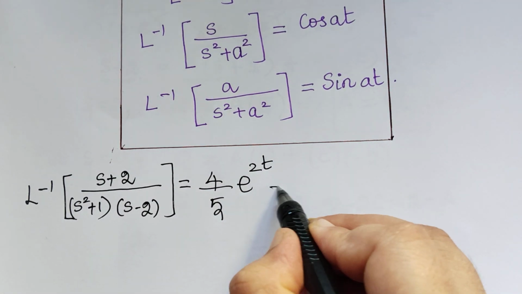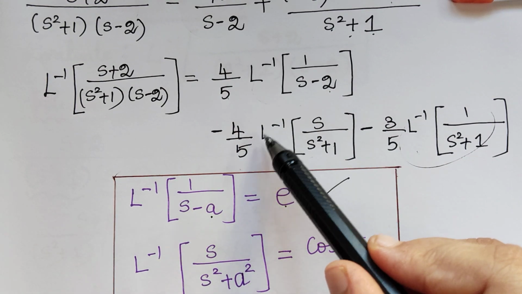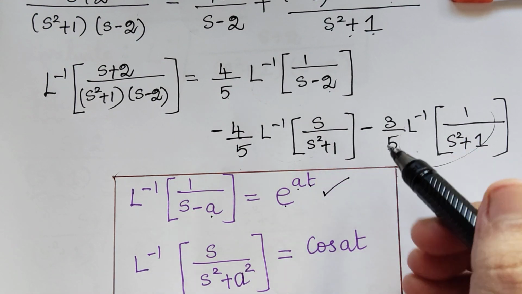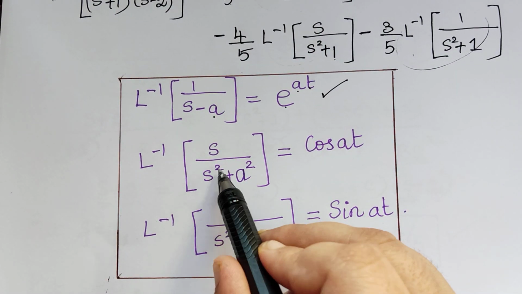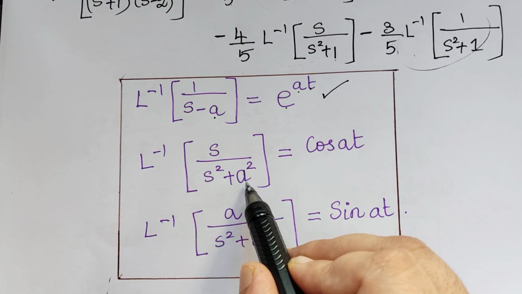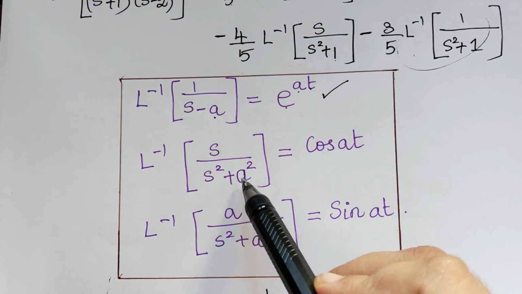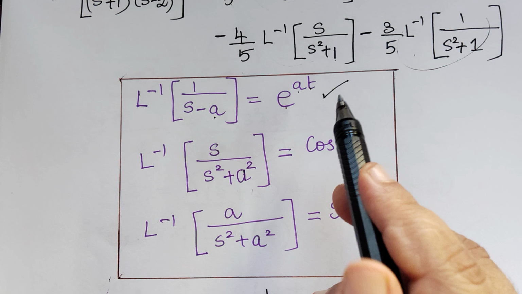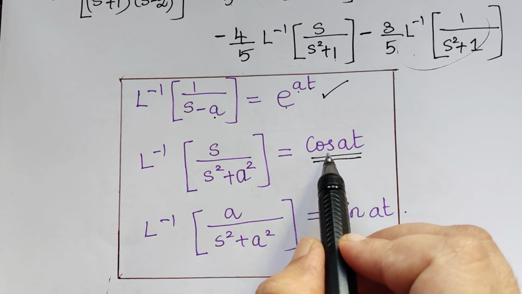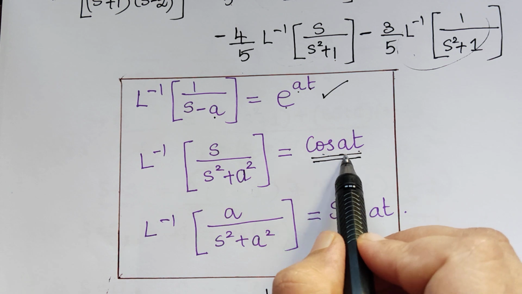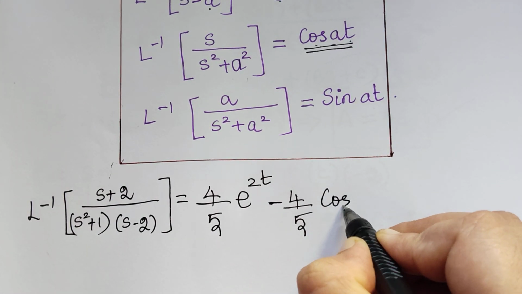And we have inverse Laplace transform of s by s squared plus 1, which is same as s by s squared plus a squared. A squared is 1. 1 can be written as 1 square. So in this formula, at the place of a, we have to use 1. So it will be cos at, so cos 1t, which is cos t.